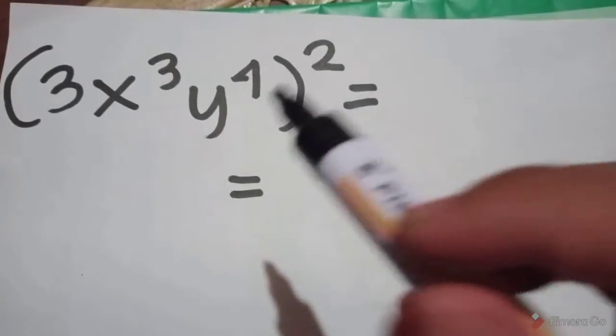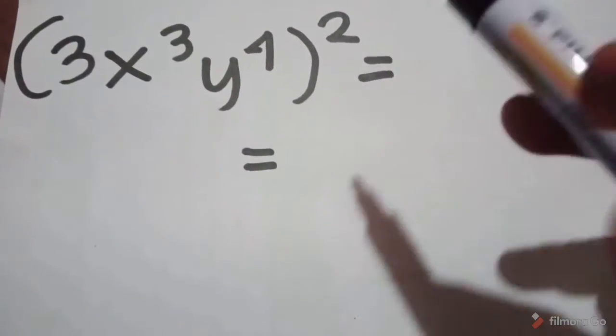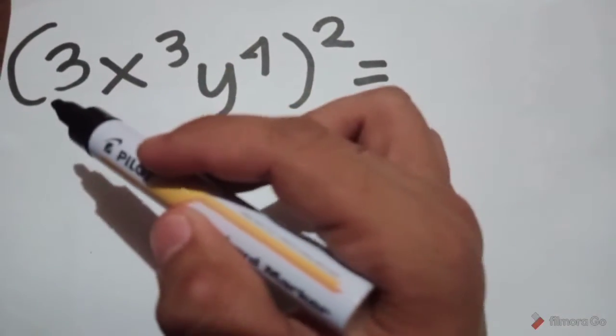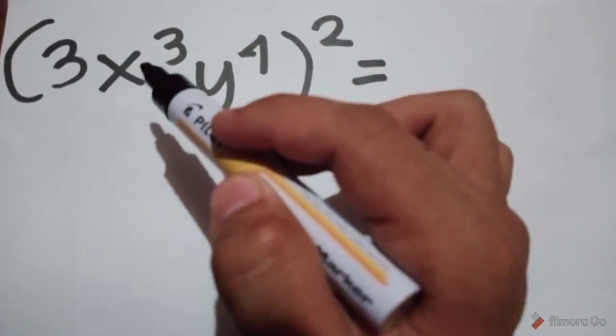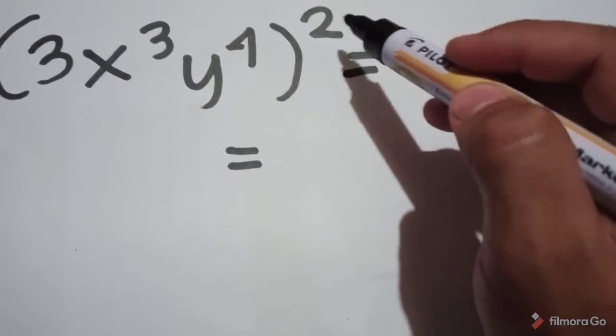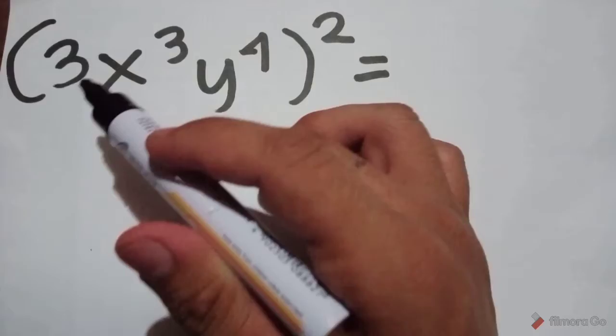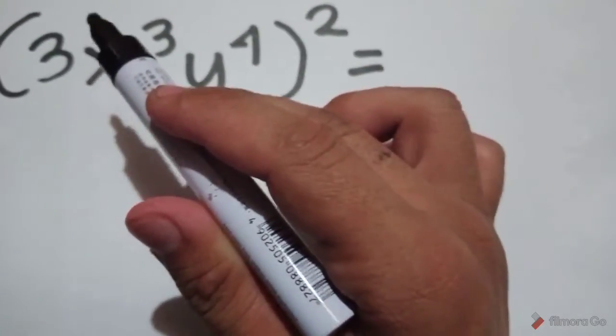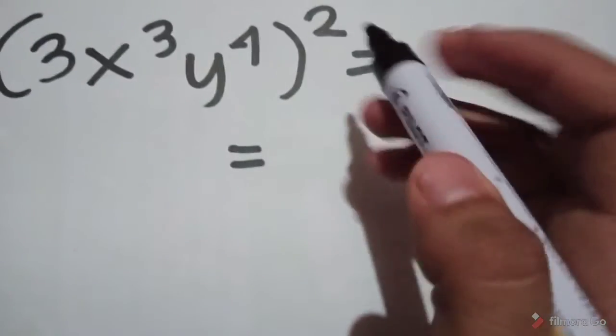Okay, let's apply rule number 6, which is the power of a product property of exponents. Here, the factors are 3, x cubed, y to the 4, which is raised to the power of 2. The exponents of each factor will be multiplied to the outer exponent.